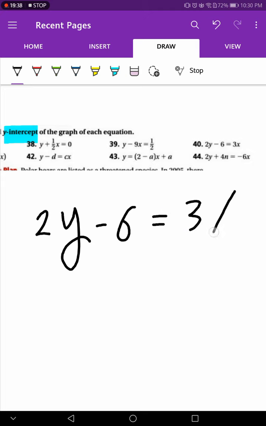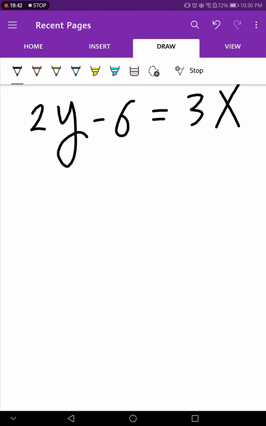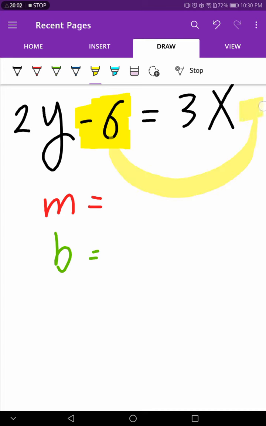Now, he asked me to find the m and the b. Remember that, I cannot find them until I make the y alone and happy. To make the y alone and happy, I have to move this from the left side to the right side.